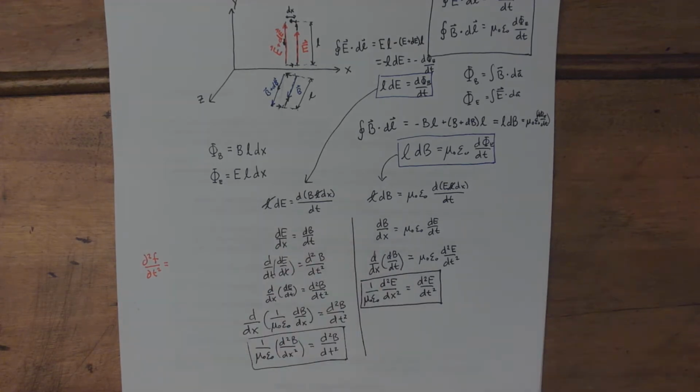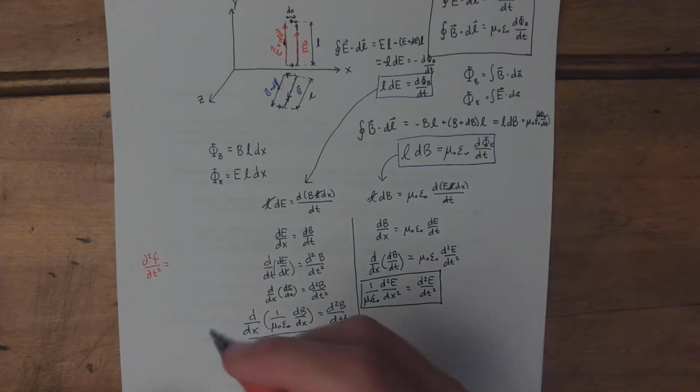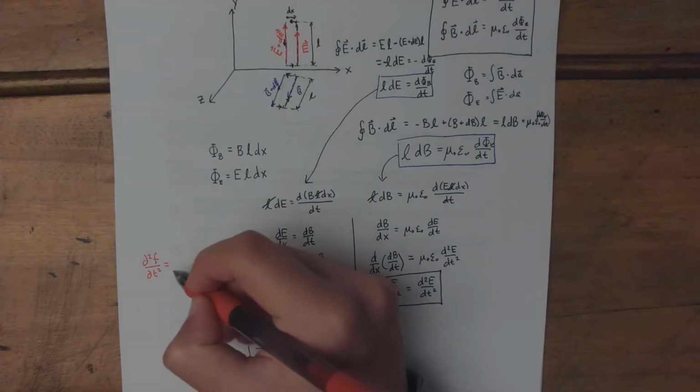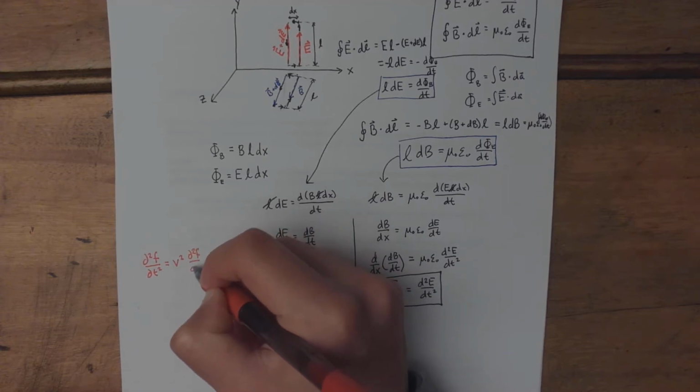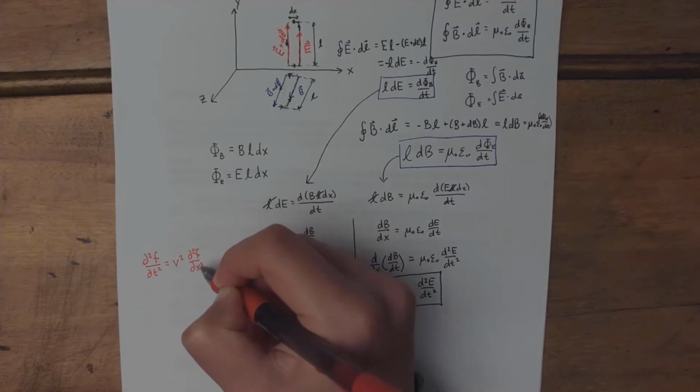It's a partial derivative, and as I briefly mentioned before, these are really supposed to be partial derivatives, but we're not really concerned about that in this course. That is equal to v squared times the second derivative of your function with respect to x.